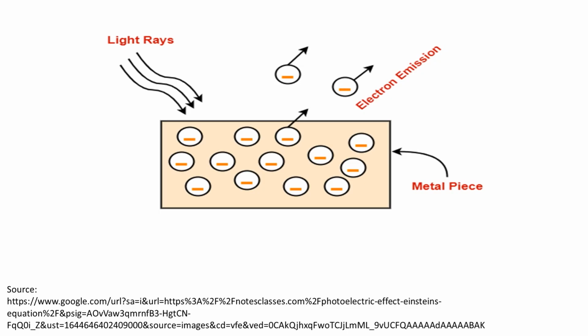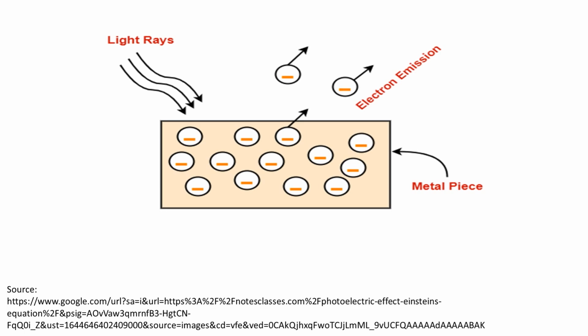In the photoelectric effect, light falls on certain photosensitive materials and you see that a current can be registered when light falls on such materials. So, that is why this is called the photoelectric effect: the emission of electrons and registering of current when light falls on certain materials.